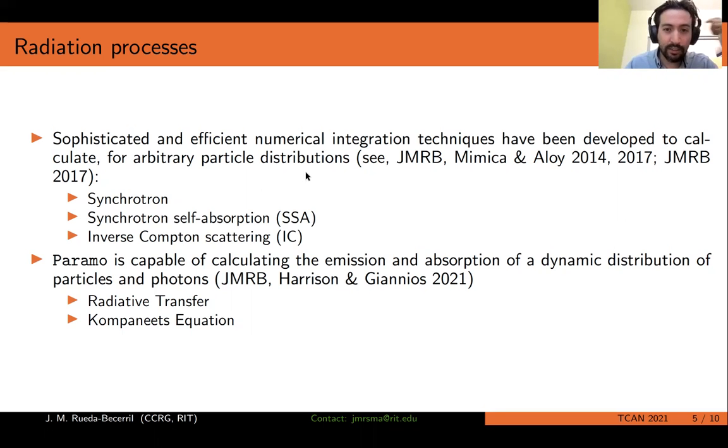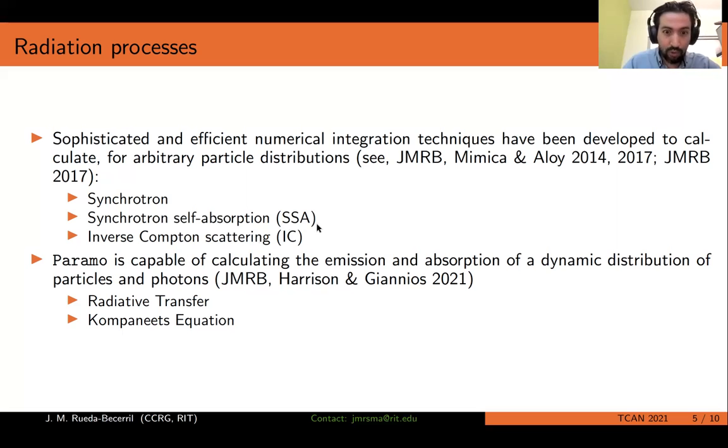And I included those techniques in this code that I named Paramo, by the way, so that we were able to get all this dynamic spectral evolution.